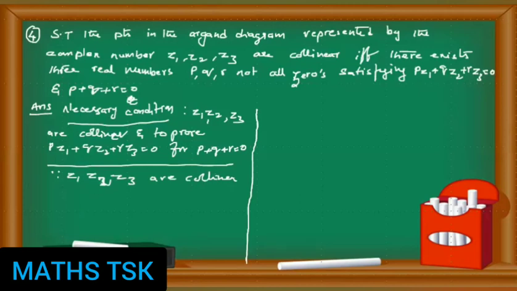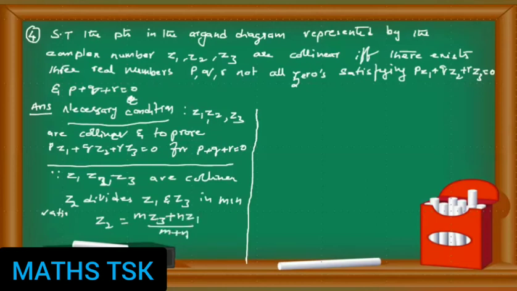I consider Z2 divides Z1 and Z3 in m is to n ratio. Therefore, I can write Z2 as mz3 plus nz1 by m plus n, which implies m plus n Z2 is equal to mz3 plus nz1.